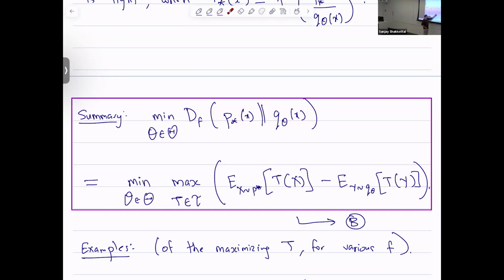This is done from samples of p star. This is done from samples of q theta, this expectation. But you have an optimization over functions in the middle. So how would you actually solve this problem?